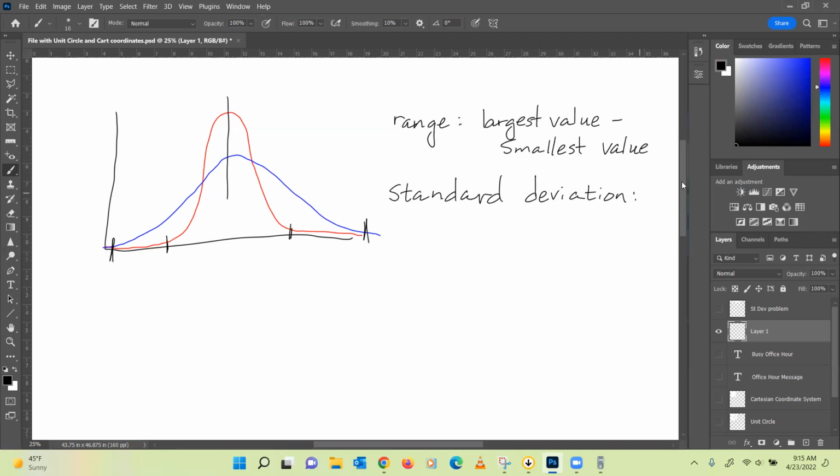Standard deviation is a way for us to measure how clumped the data are together. For example, this red graph, you might get 70% of the population within those two vertical lines. With the blue graph, it might have to be out here at these vertical lines. And so we've got a definite spreading of the data with the blue graph.